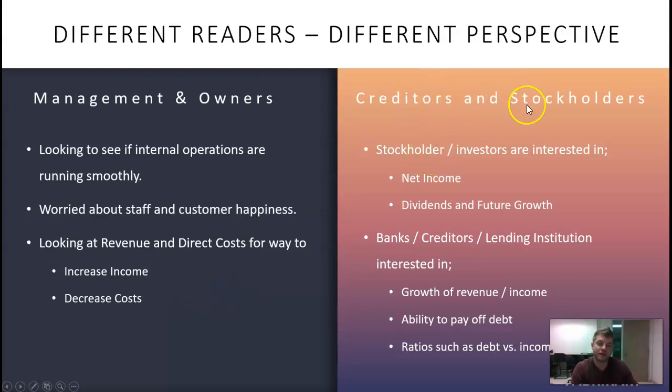If you're a creditor or stockholder, you'll probably change your perspective a little. So stockholders, who are also investors, are interested in net income. How much money does the company actually make every year? And if they're not making money, this might not be a sound investment, even though maybe they are supplying 150 great people with happiness and providing a really needed service to the customers in the community.